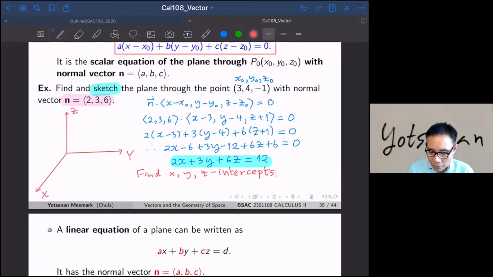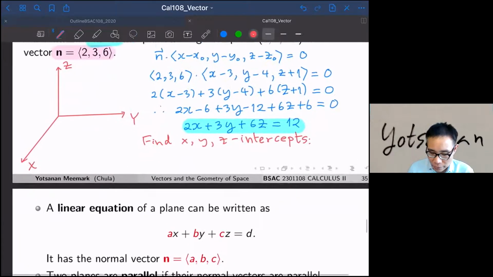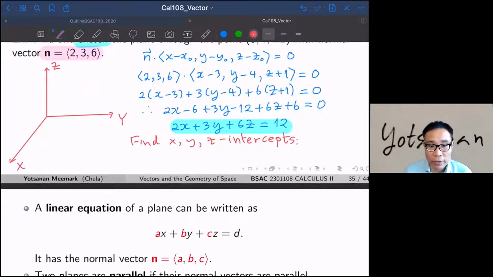In order to find the x-intercept, we let y and z equal to 0. So when you put y equal to z equal to 0, you get 2x equal to 12, so x equal to 6. That gives you the x-intercept.